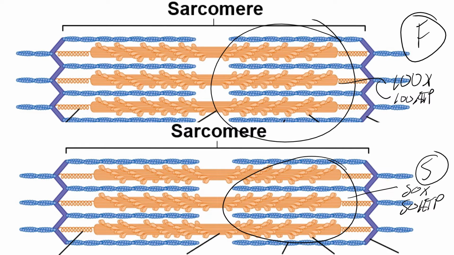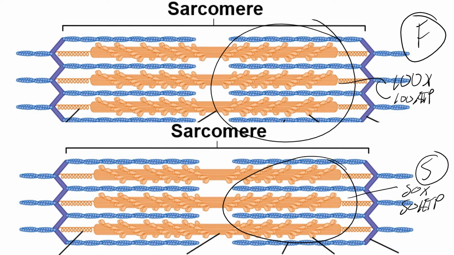So yeah, the fast twitch muscle fiber can shorten way faster than the slow twitch muscle fiber, but the fast twitch fiber is also going to consume way more ATP over time, right? The fast twitch muscle fiber, in my example, is easily going to consume double the amount of ATP compared to the slow twitch muscle fiber over the same amount of time, right?